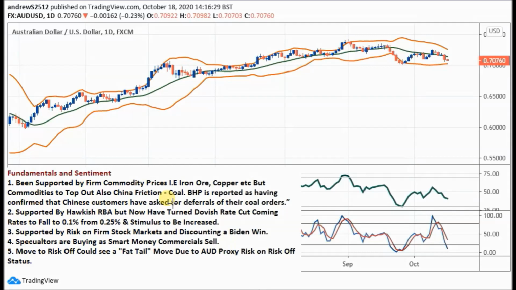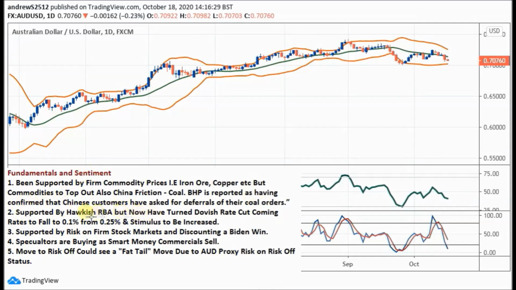And BHP is reported as having confirmed that Chinese customers have been asked for deferrals of their coal orders. So basically saying, yeah, China is doing this. And coal is obviously another major export of Australia, so that's not good news, okay?